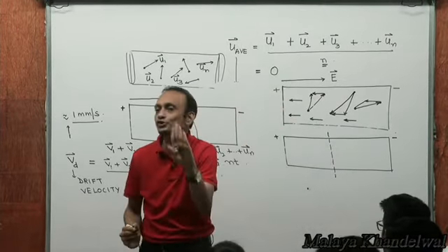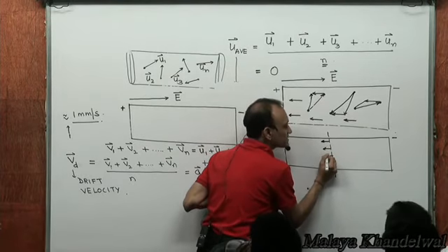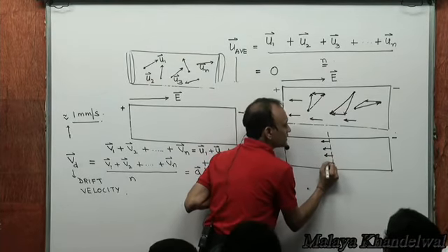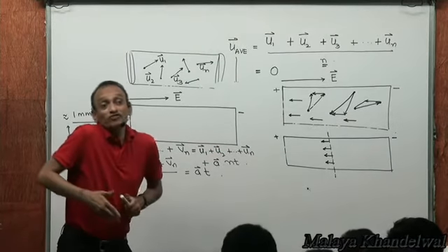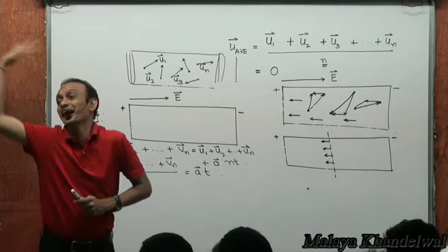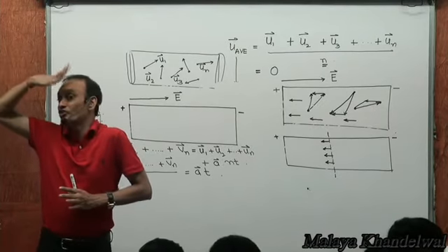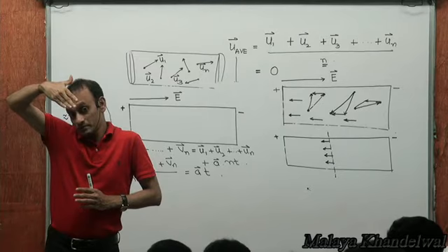It will tell you that in a certain time, a certain number of electrons have crossed over. That's because of the net leftward drift velocity. Do you understand what I'm saying?